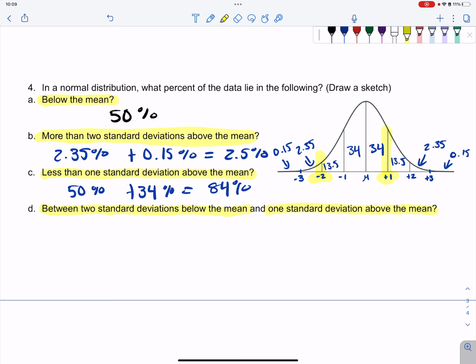And now I want to know what percent is between that. So we have 13.5 plus 34 plus 34, and this gives us 81.5% of the data is between 2 standard deviations below and 1 standard deviation above.